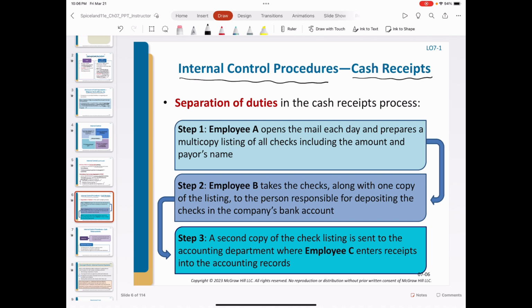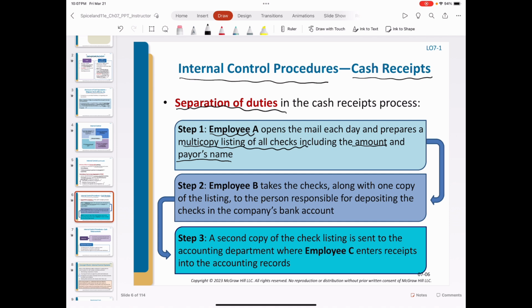First, cash receipts. A very important mechanism of internal control regarding cash receipts is separation of duties. Here is an example. Employee A opens the mailbox and prepares a list of all the checks received from customers, including the amount and the payer's name.